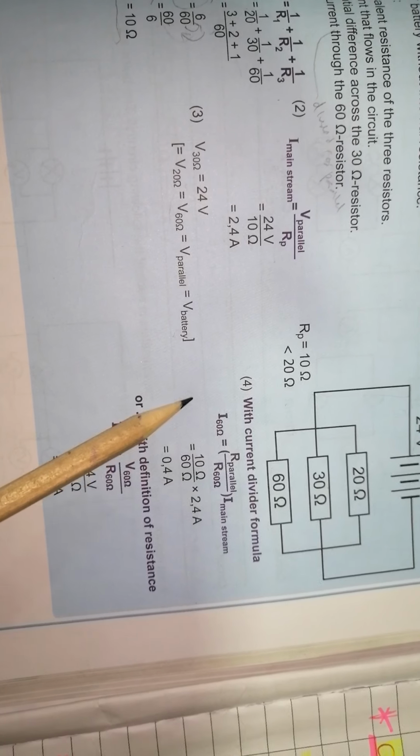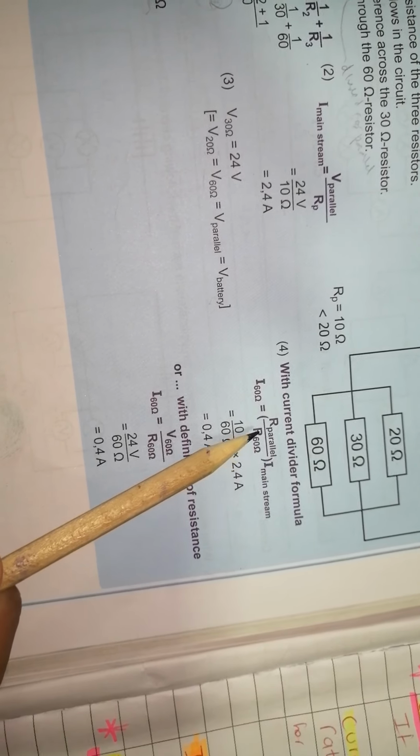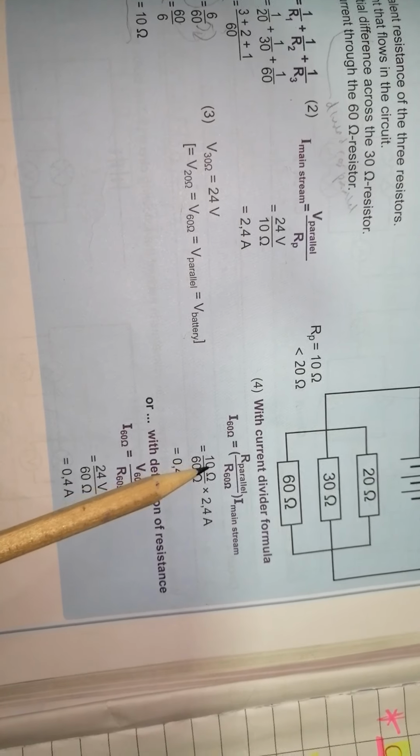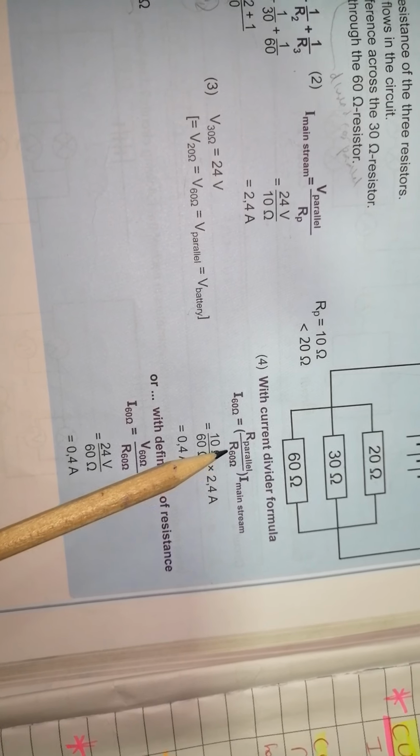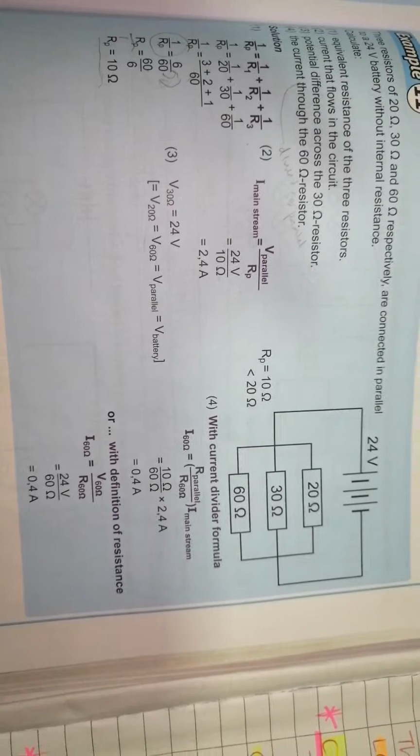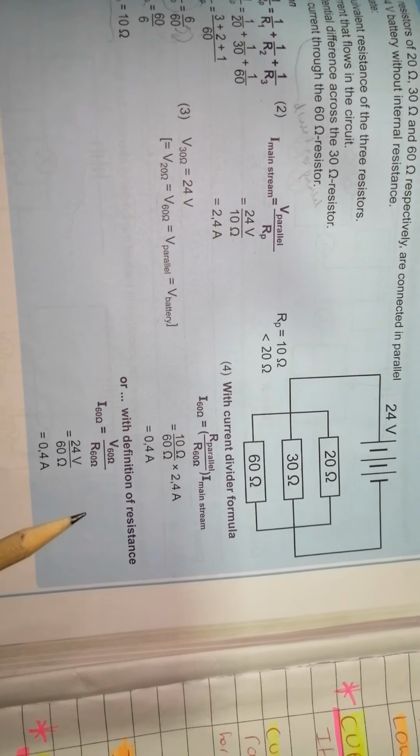So let's first start with the current divider formula, which is I specific is equal to R parallel over R specific times I total. Now R parallel, that is the total resistance of the circuit, which we worked out in question 1, is 10 ohms. So you're going to put 10 ohms. And then R 60 ohms, or sometimes you will write Rx, that is the specific resistance of what we're trying to find out.